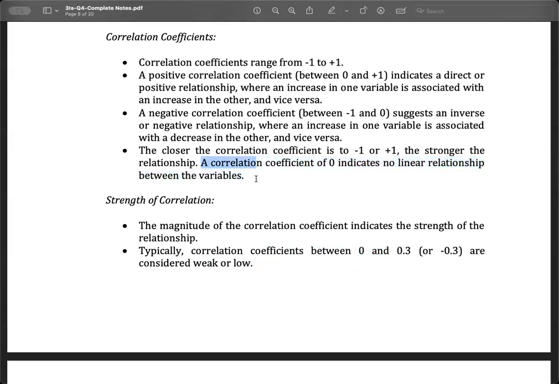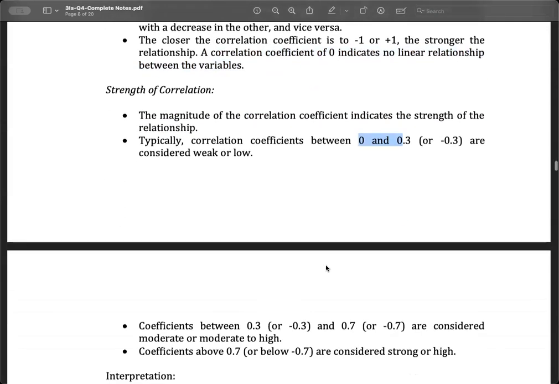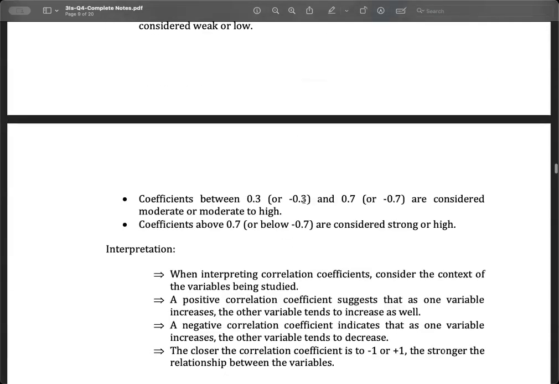For a coefficient really close to 0, that means no linear relationship, so most likely you're going to accept the null hypothesis. Your p-value is greater than your significance level. Now again, weak or low correlation is 0 to 0.3. Then 0.3 to 0.7 is considered moderate, while a correlation of 0.7 to 1 is considered strong or high.